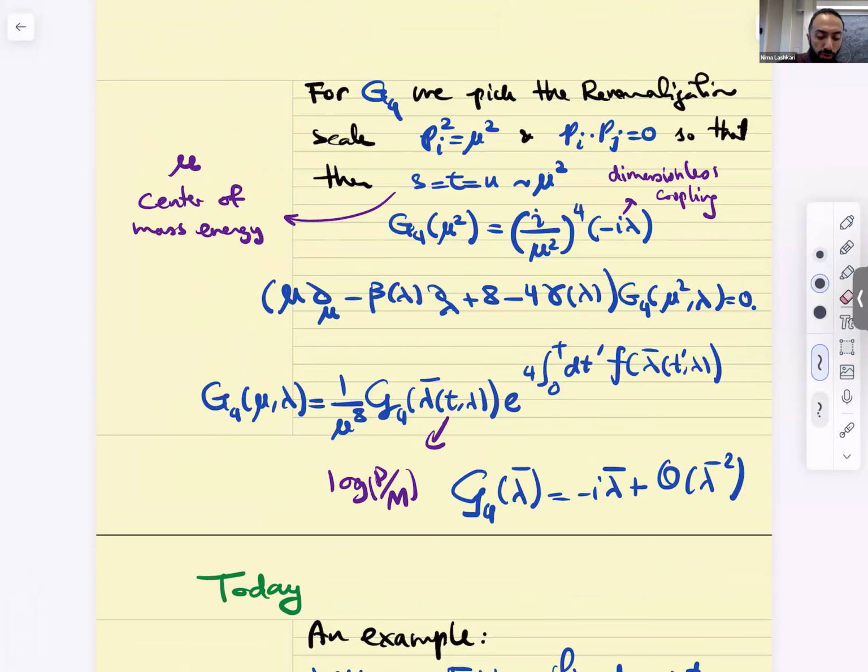We often did renormalization in a setup where S equals T equals U, equals some scale mu squared, for instance. So for example, I can renormalize by the condition that p_i squared is mu squared and p_i dot p_j is equal to 0. Remember that at my fixed point, these equations could hold because masses are 0.